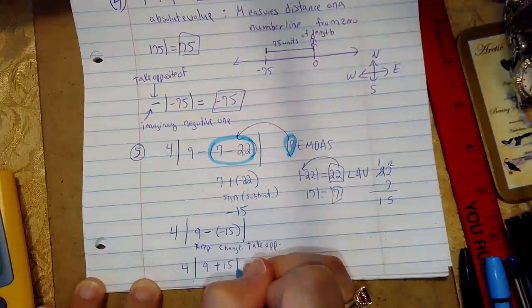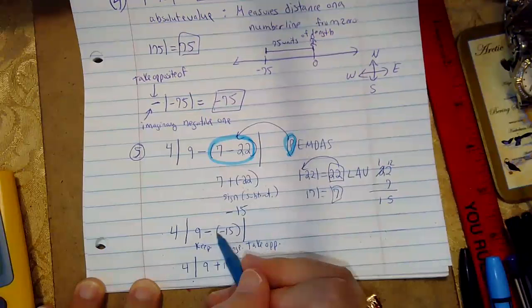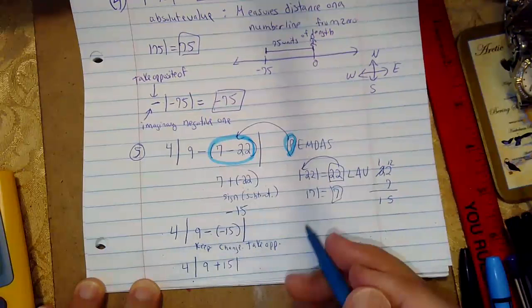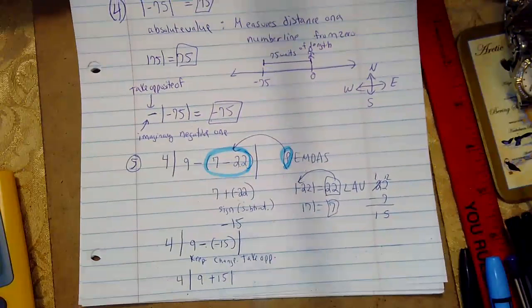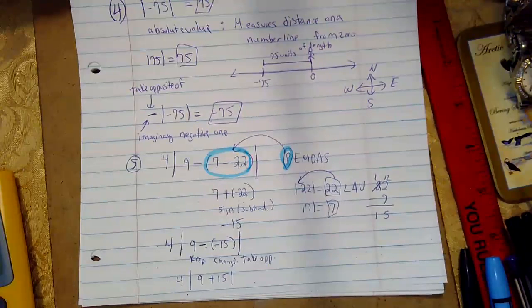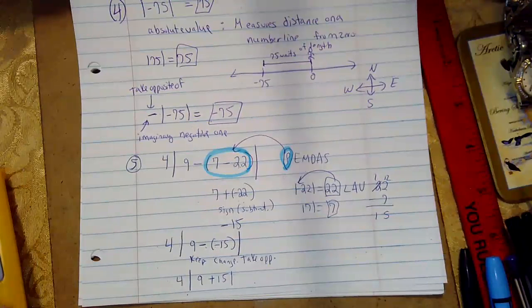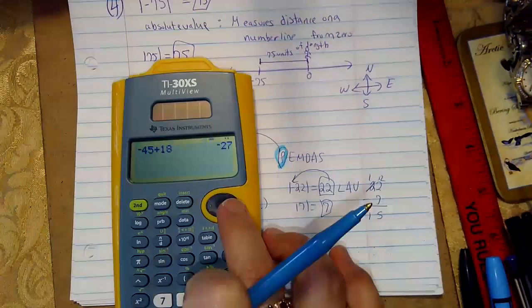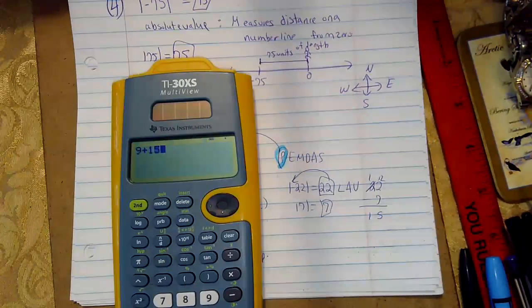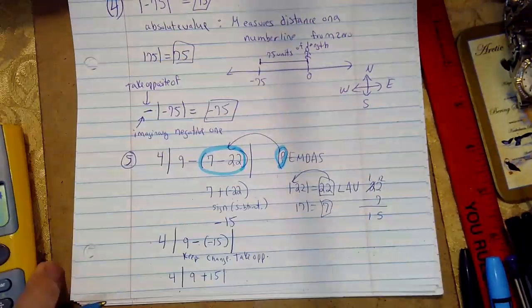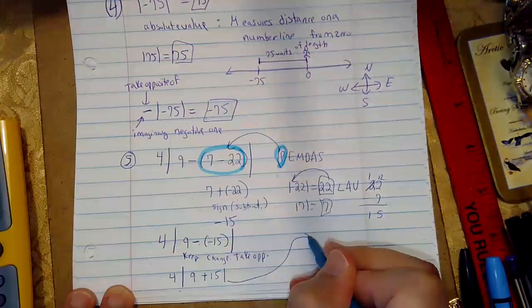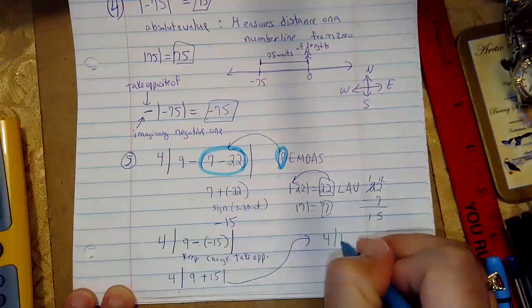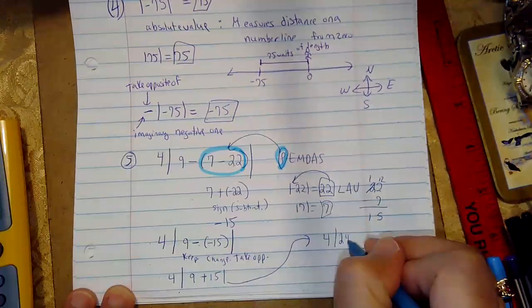Okay, you probably also heard that 2 negatives like that side by side make a positive. So now this is 15, 16, 17, 18, 19, 20, 21, 22, 23, 24. If you don't make a mistake, you can also add 9 plus 15 is 24. Okay, so now we have 4 times the absolute value of 24.